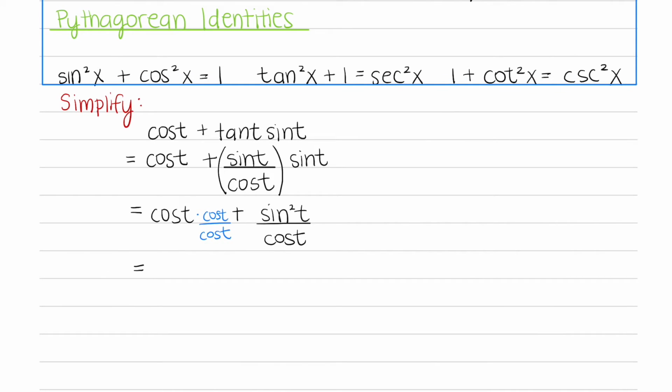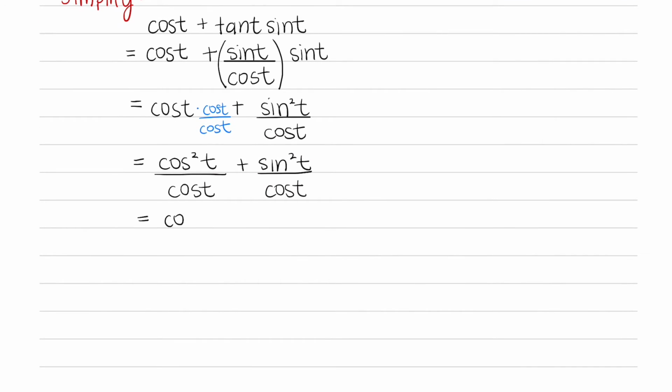So we have cosine t times cosine t is cosine squared t over cosine t plus sine squared t over cosine t. So now we have a common denominator, so we can go ahead and add those numerators up. So we have cosine squared t plus sine squared t over that common denominator of cosine t.